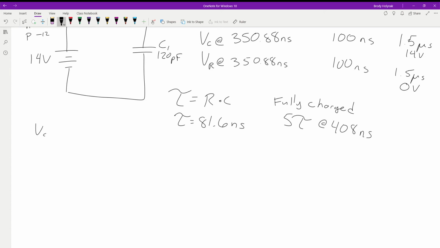The instantaneous voltage, because we're basing it on a time, is equal to V final plus V initial minus V final times e to the negative t over tau. The question says to assume our C1 has no initial charge. So that's where we're charging it from. So 0.